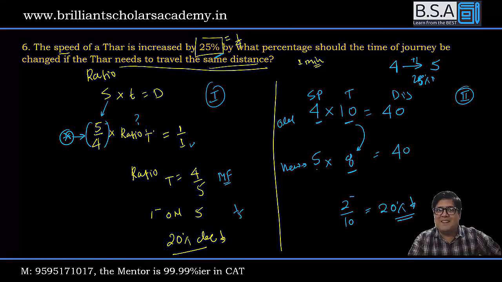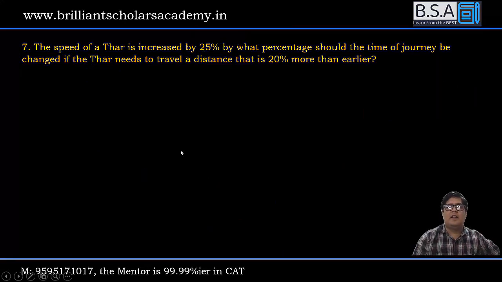We have seen the ratio method in the last lecture. How do we use the multiplying factor in the ratio method? Try this. Take 1 minute. Try this.